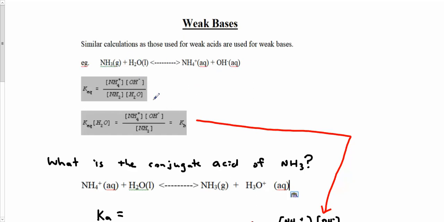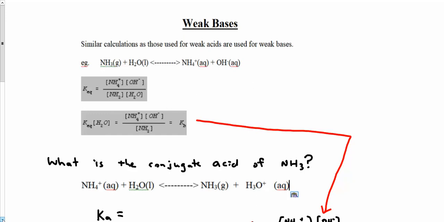Just like before, this concentration of H2O, I bring it over, I multiply it here, constant times constant, I put them together, I get a brand new constant we call Kb, because I'm dealing with bases. So exactly the same. And we'll do a question down below using it in a second.